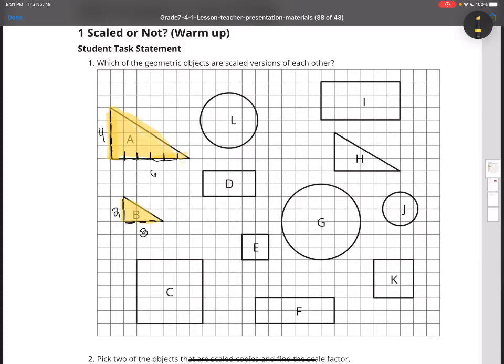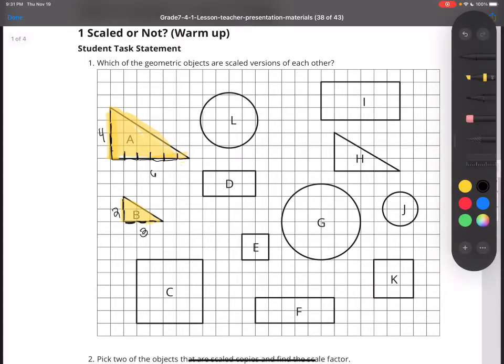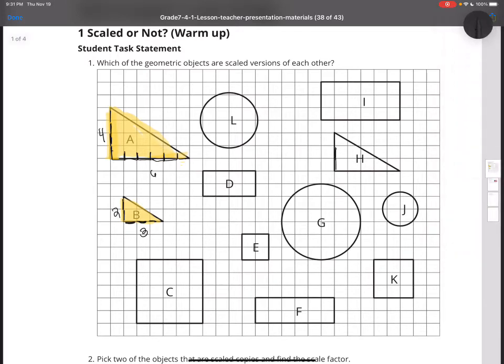Now let's look at H. H says 1, 2, 3. And then the base is 1, 2, 3, 4, 5. So this makes me wonder, could this be a scale copy or not? What I can do is put this in ratio form, the fraction form that we use for ratios, which is 4/6, 3/5.